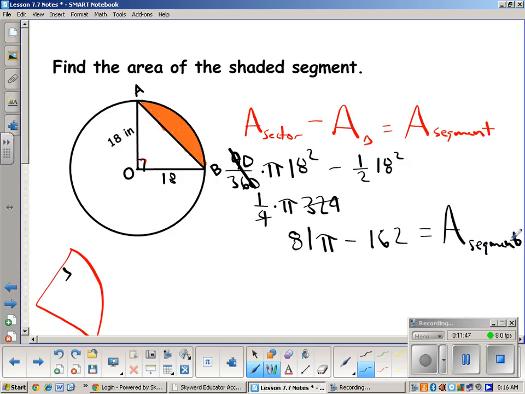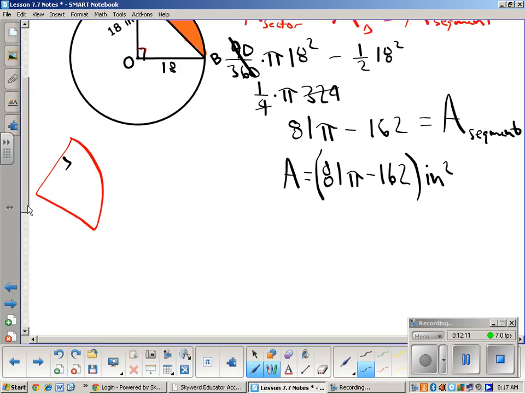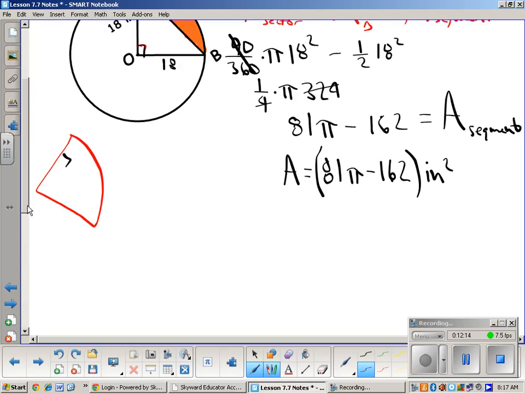Now, if they say leave this in terms of pi, then this is my answer. If they say round to the nearest tenth, then I'm going to go ahead and calculate 81 times pi minus 162.